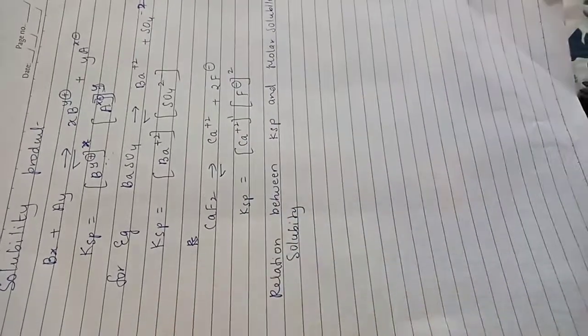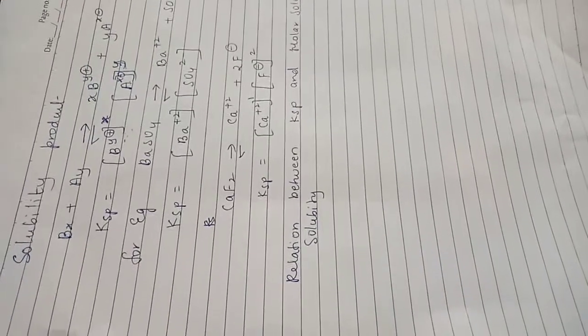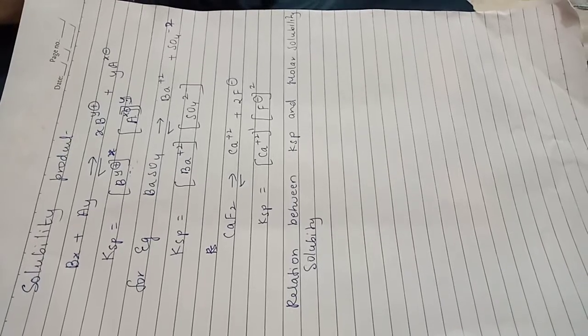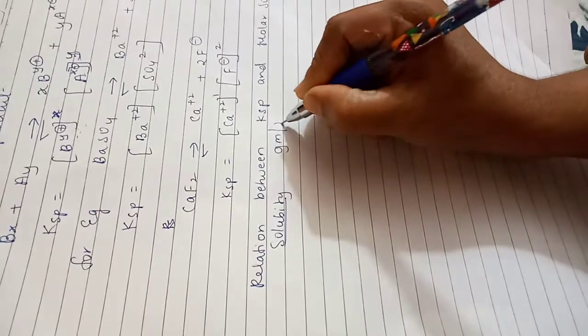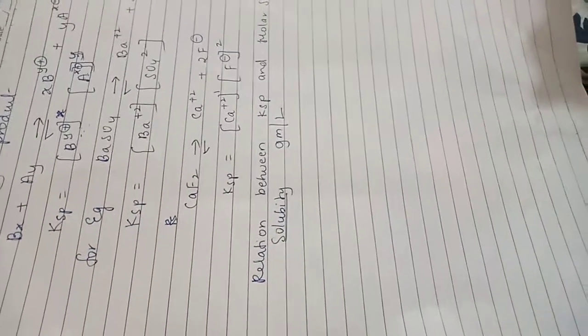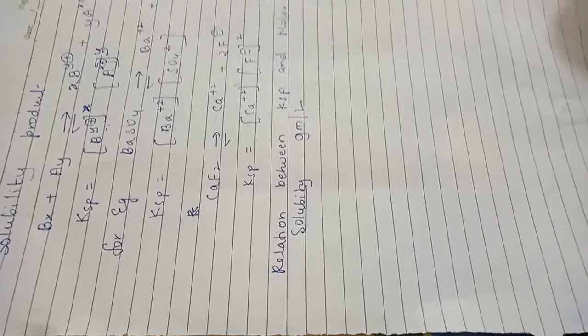Solubility is the number of grams of a compound dissolved per unit volume. It is generally measured in gram per liter. So solubility is defined as the number of grams of a compound dissolved per unit volume.